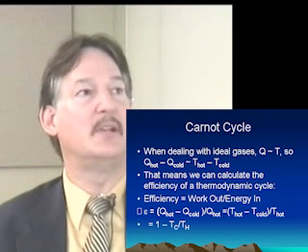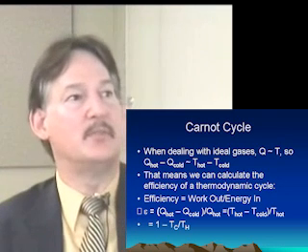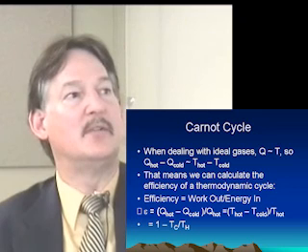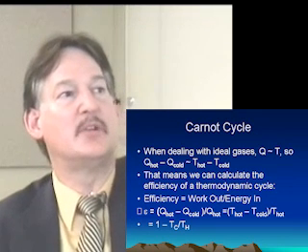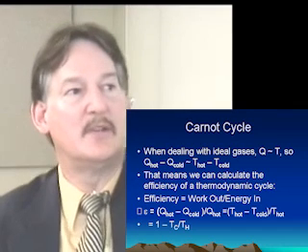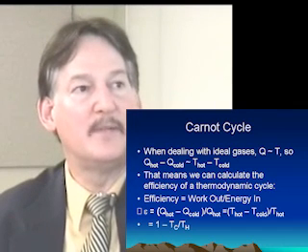Then we can calculate the efficiency, which would normally be the work, which is the heat in minus the heat out. That's the work you get from this engine divided by the heat you put in.